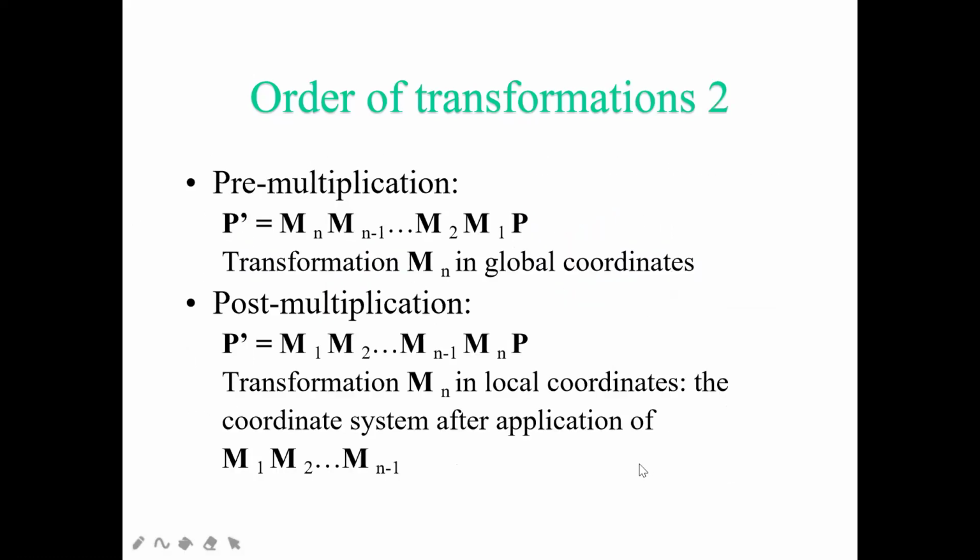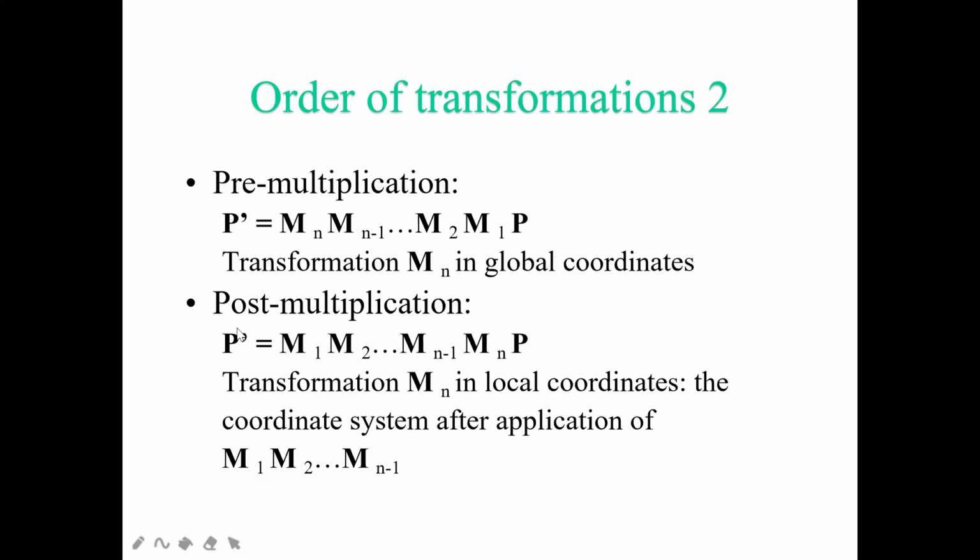I have given the sequence of my global coordinates, and I have multiplied it with my initial point. So if I consider it from m1 to mn, that global coordinates I'm going to multiply with p, so I'll get the value of p dash.